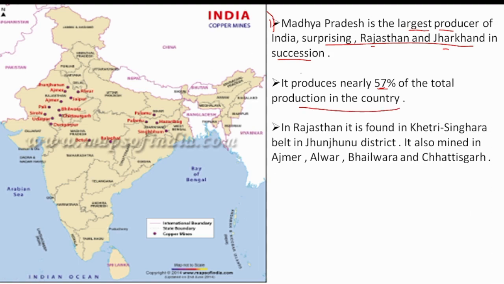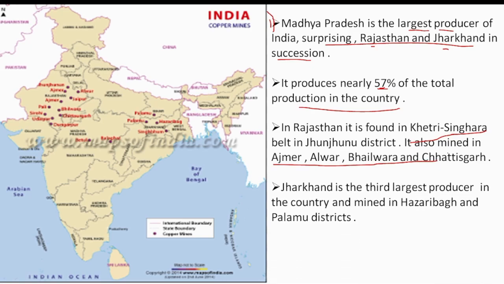And in Rajasthan, in the Khetri Singhana belt, and Ajmer, Alwar, Bhilwara and Chhattisgarh. And coming to Jharkhand, it is the third largest producer in India, mined in Hazaribagh and Palamu districts. So Rajasthan will be the second place.